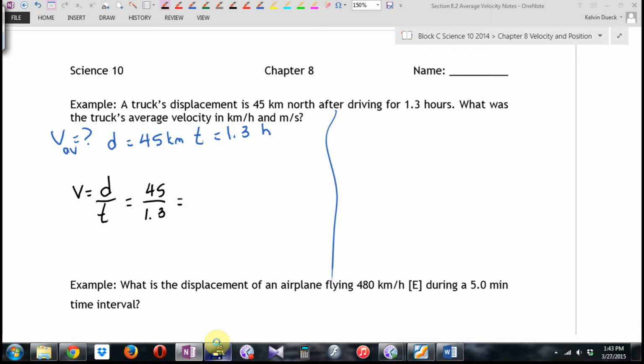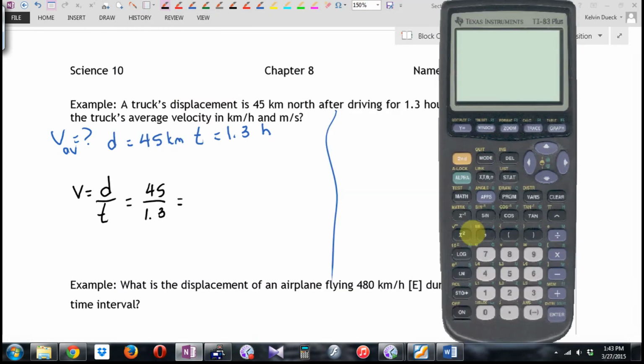Okay, that's yucky enough that I'm going to do it on my calculator and store the number. Is that what you said? 34.61 and so on? Yep. Okay, I'll go 34.6, but I'll keep this on my calculator for future reference.